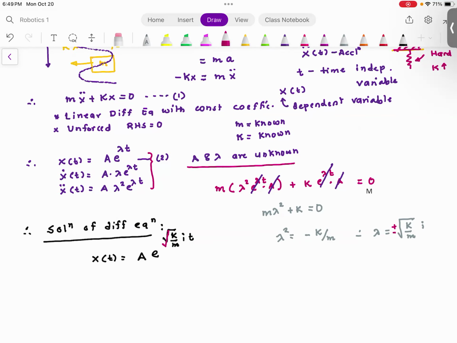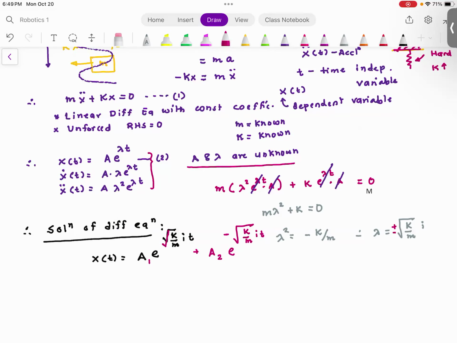So you can actually make this even better: a1 e to the square root of k by m i t plus a2 e to the power with the negative sign. Now this is nothing but the total solution of this differential equation.